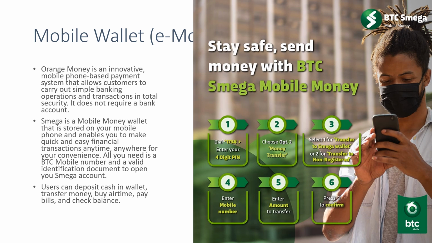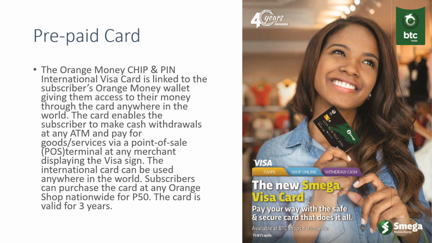Smega is another mobile wallet available in Botswana, and you can actually send money using this Smega mobile wallet. Still, there is no bank account with the user, and now these mobile wallet companies have started also providing prepaid cards. So this is another payment method where the card is just like a debit card.